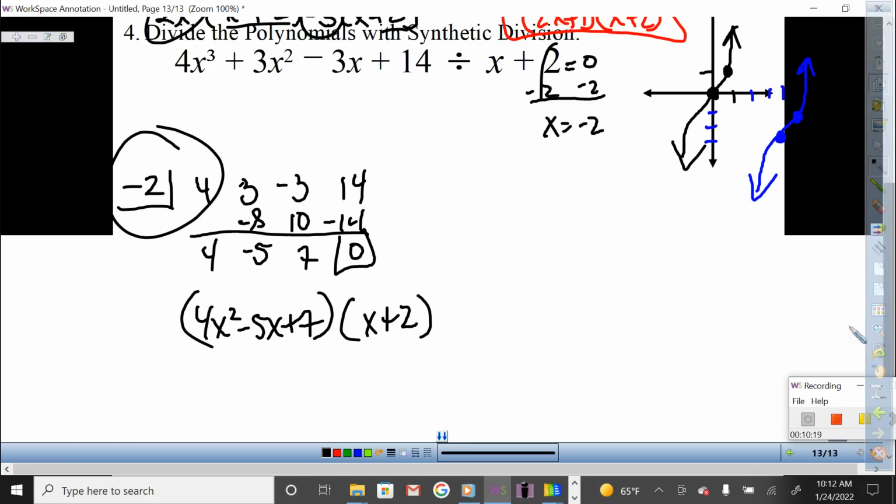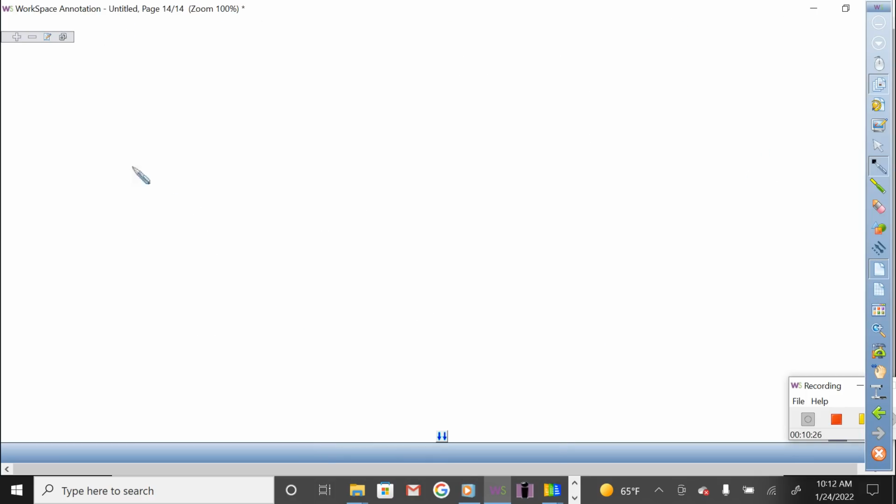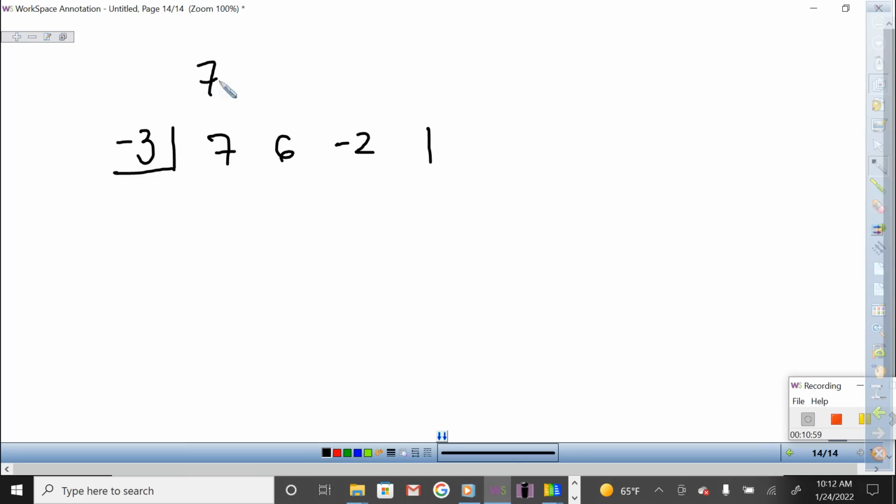Okay. Before I move on, though, what if I give you this? What are the two polynomials that we have there? All right, so this would be 7x cubed, 6x squared, minus 2x plus 1. Is that correct?